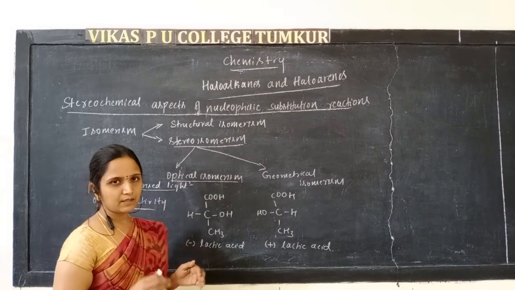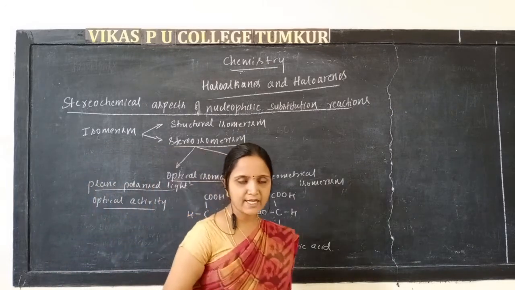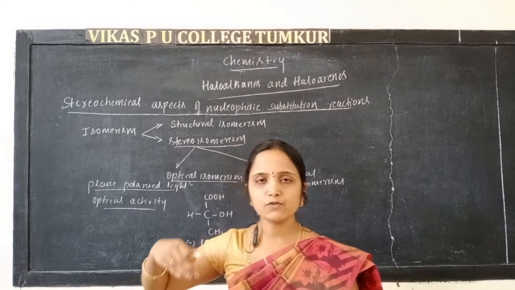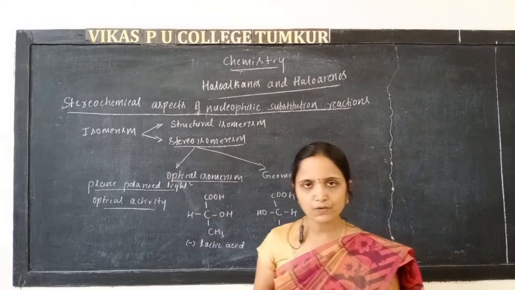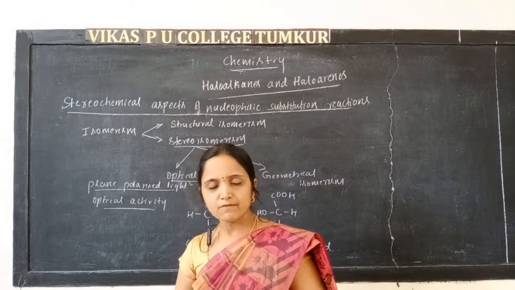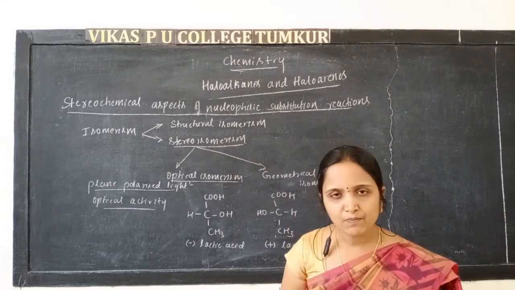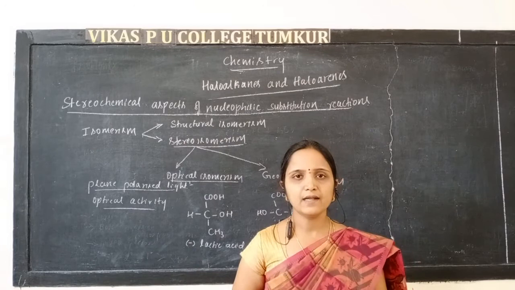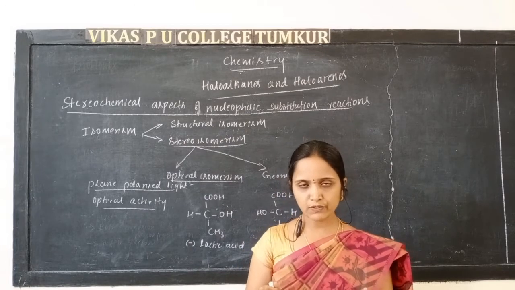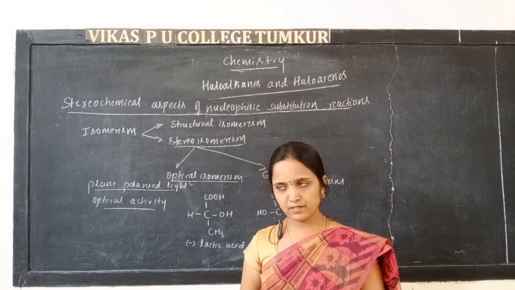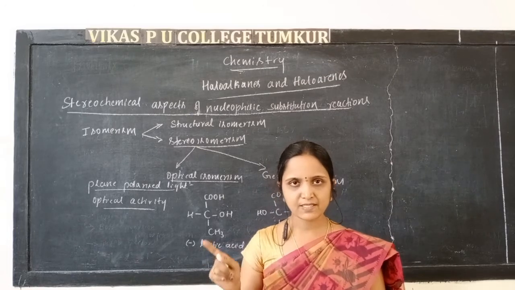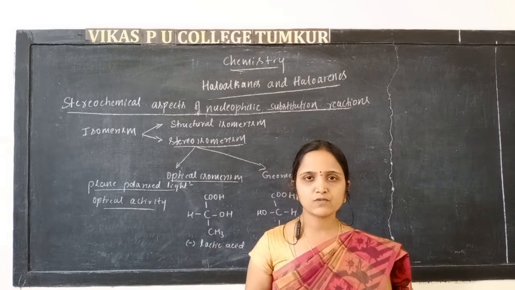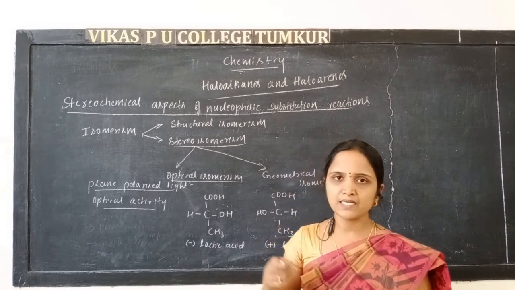The compound which rotates the plane polarized light to the right we call dextrorotatory, and the compound which rotates it to the left we call levorotatory. Dextrorotatory is indicated by the plus sign, levorotatory by the minus sign.